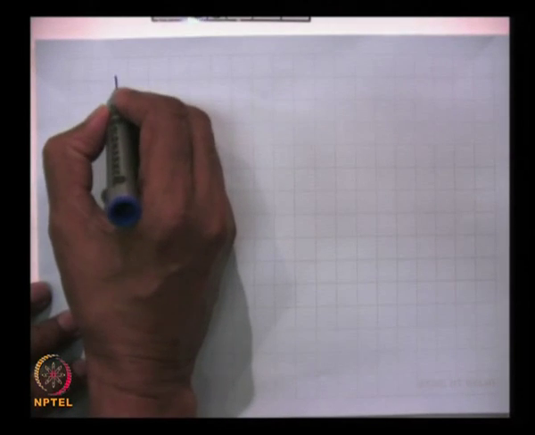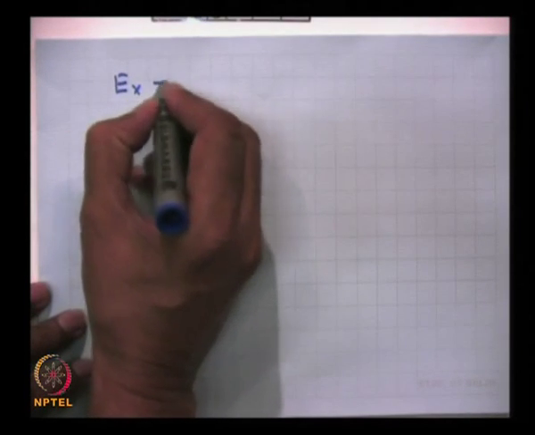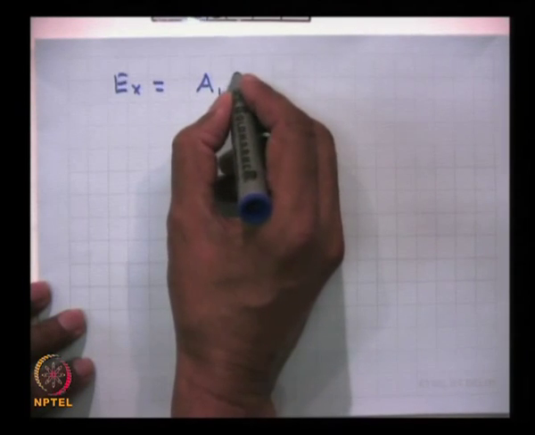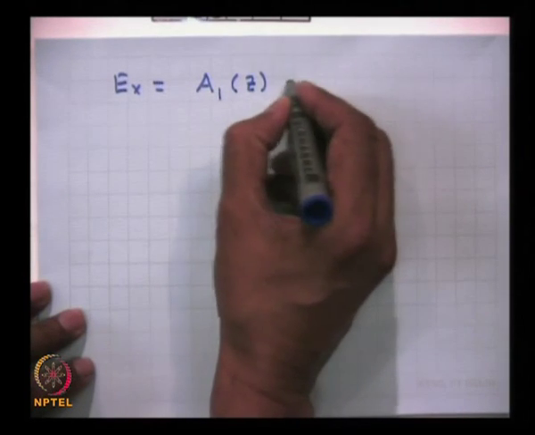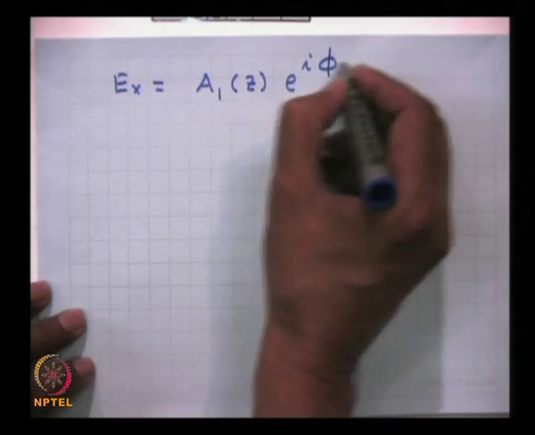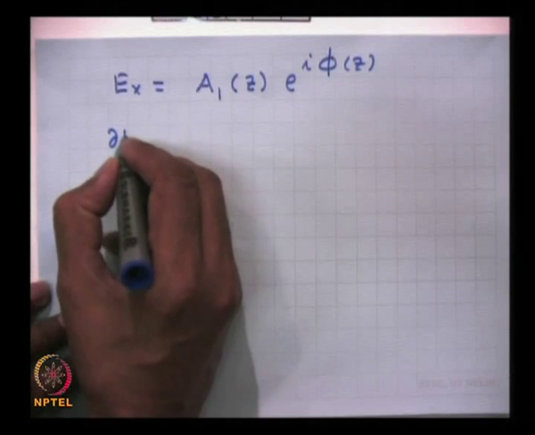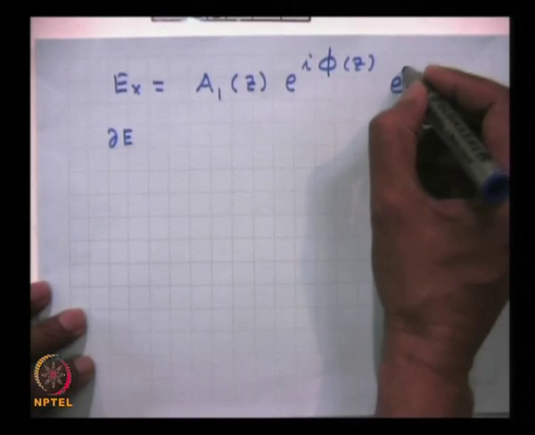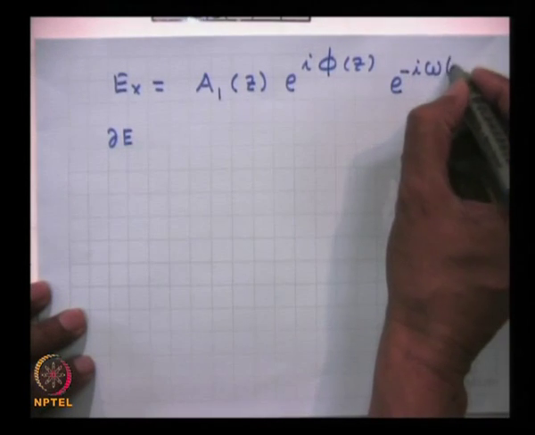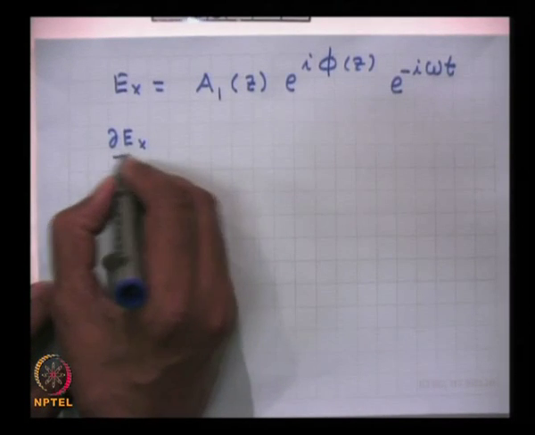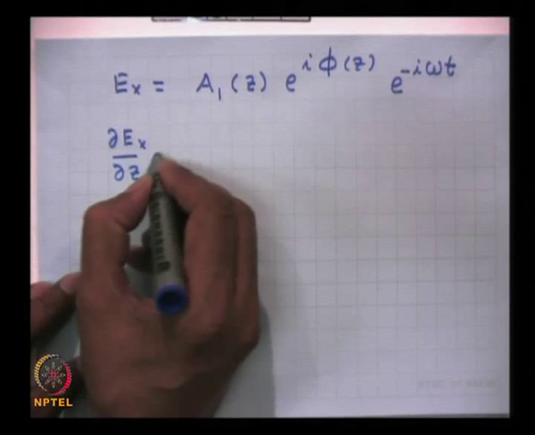So let me substitute this. If Ex I am choosing is equal to A1, a function of Z, exponential of I phi, then differentiate this with respect to Z. Obviously there is a time dependence also there, exponential of minus I omega t is already there. So delta Ex by delta Z will be how much?